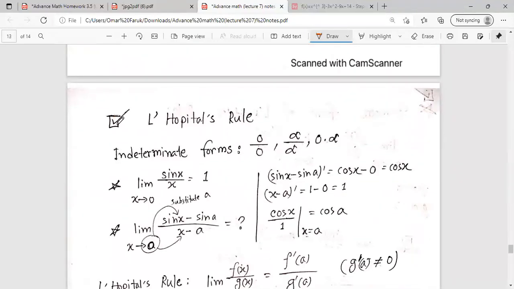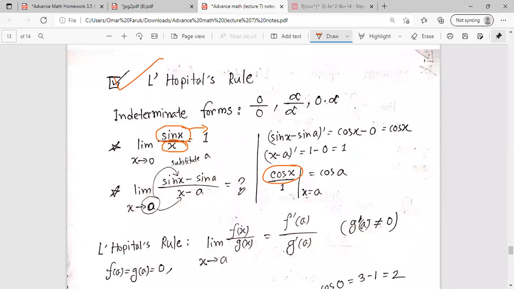And here is L'Hopital's rule. I already told you what L'Hopital's rule is. You just need to differentiate the upper function and also the lower function, or you just differentiate the numerator and denominator. So you see here, the derivative of sin x equals cos x, and the derivative of x equals 1.